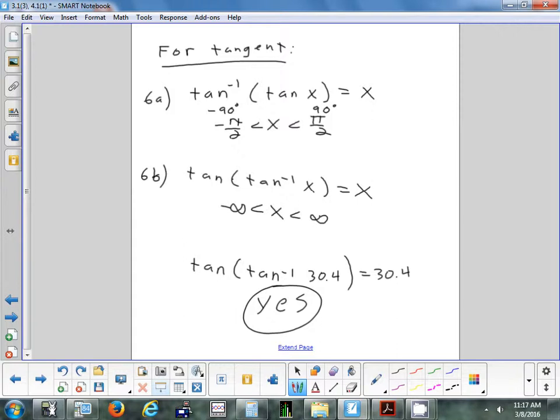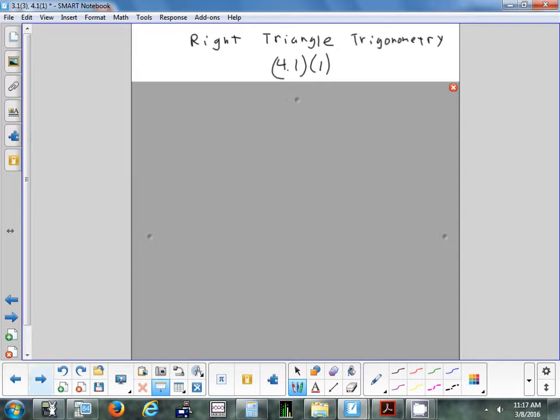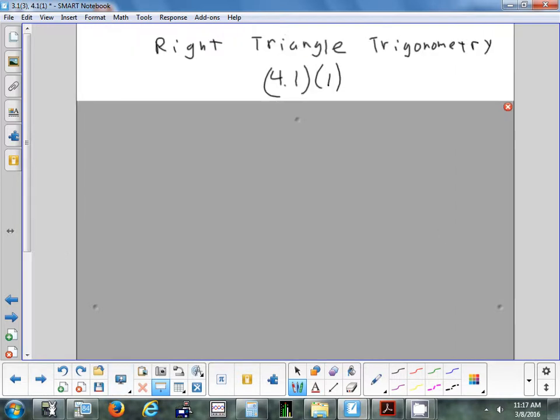All right. So the last thing we're going to look at for this week is section 4.1, and we'll split it over 2 days. Section 4.1 is on right triangle trigonometry. Kind of the big picture goal here in right triangle trig is in a triangle, there's 3 sides and there's 3 angles.